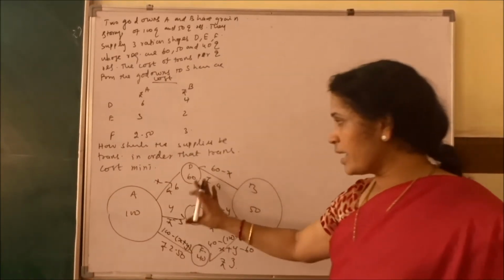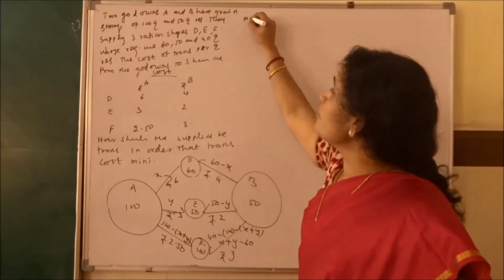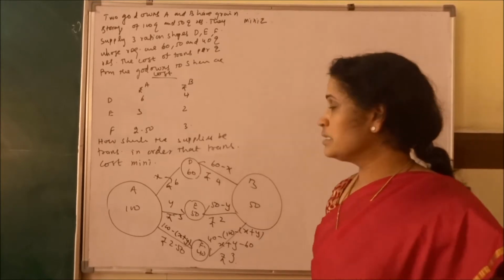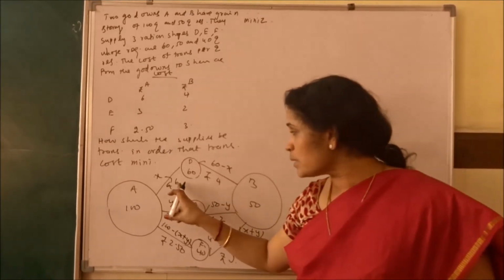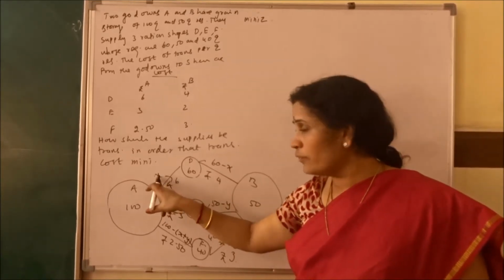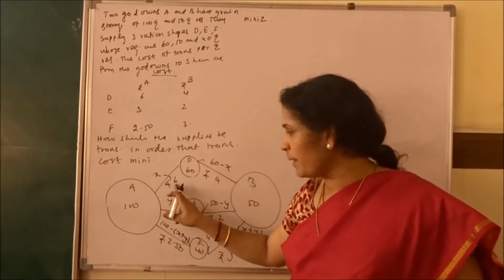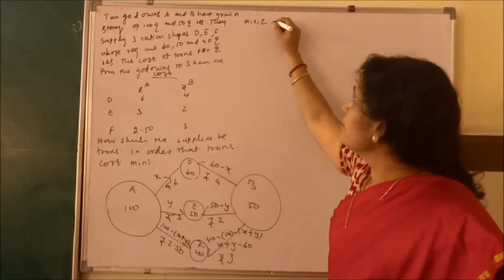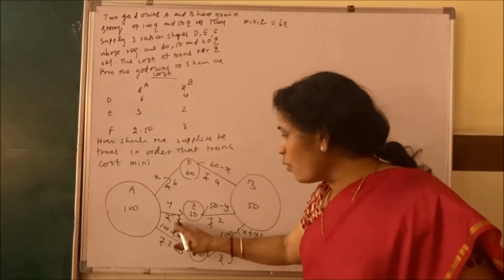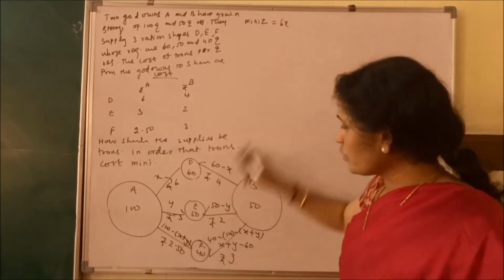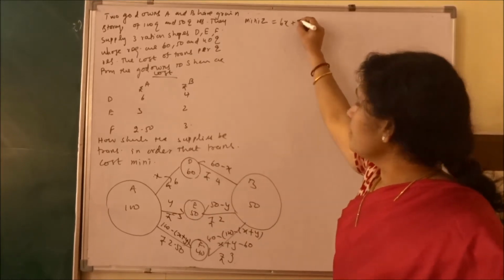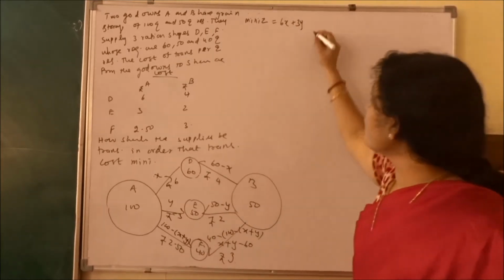Are you clear about this diagram? Now I am first finding the minimum transportation cost. What is the cost per quintal? 6 rupees, and you transport x quintal, so multiply 6 into x, and then plus 4 into y, 3 into y, and then plus 2.50 into (100 minus (x plus y)).